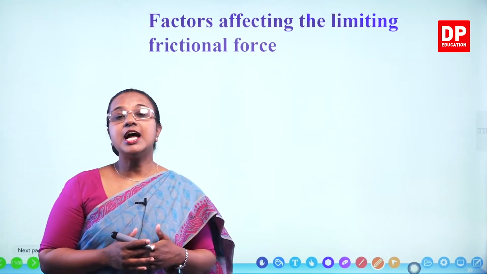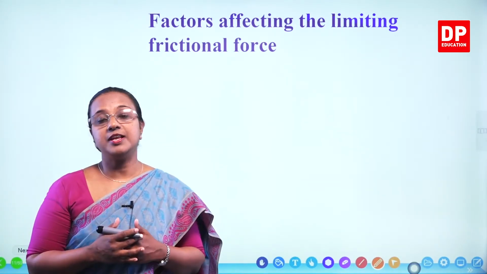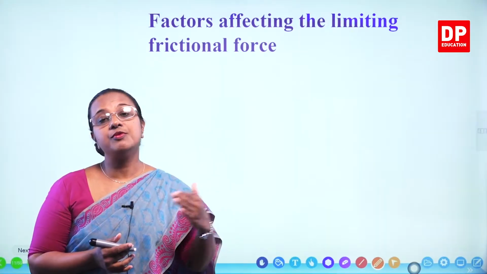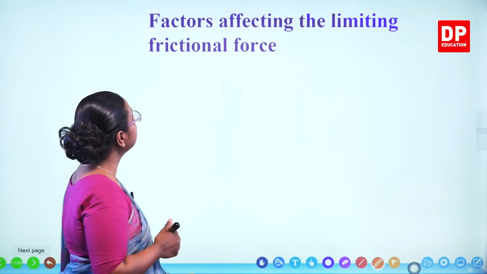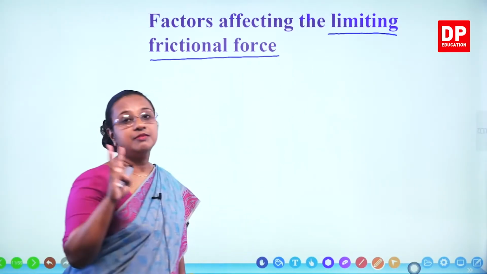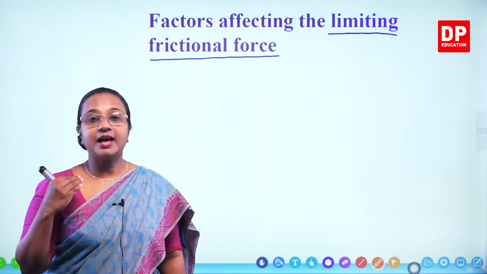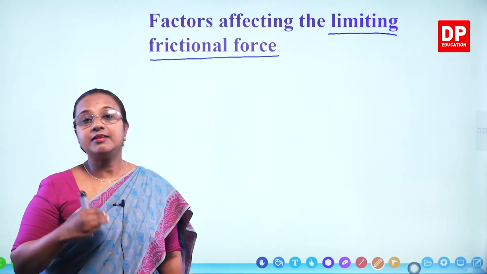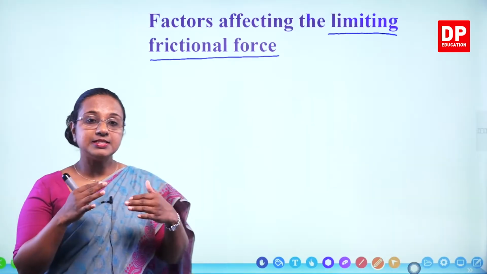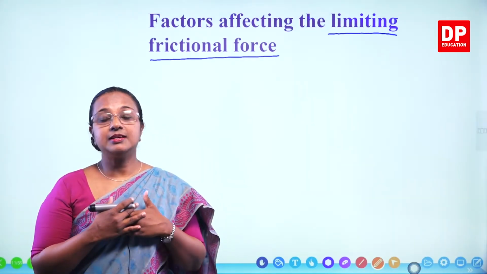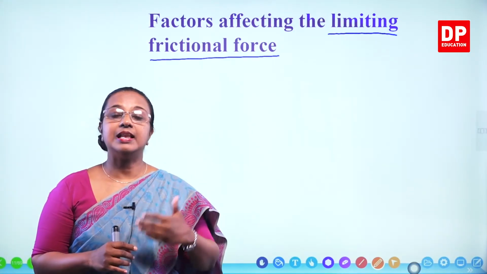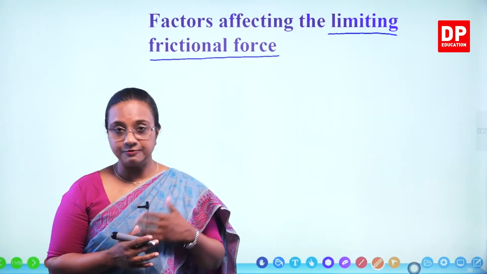So as you have already understood, students, the maximum frictional force that can be exerted by a contact surface against the movement of an object is the limiting frictional force. And we can check and see whether these three factors affect the limiting frictional force, because this is exerted by the contact surface. So therefore, the nature of the contact surface will have an effect on the limiting frictional force.